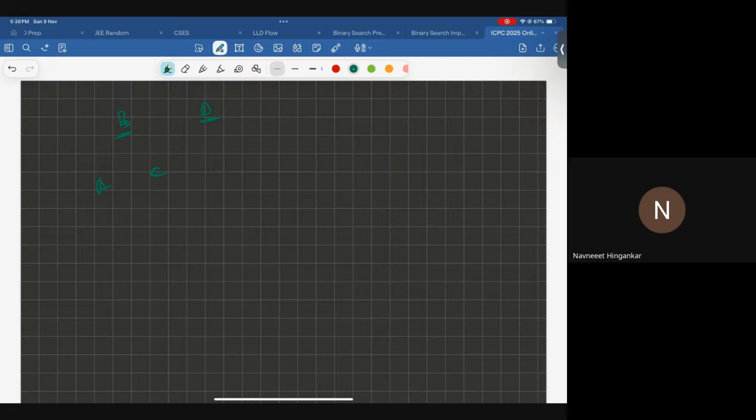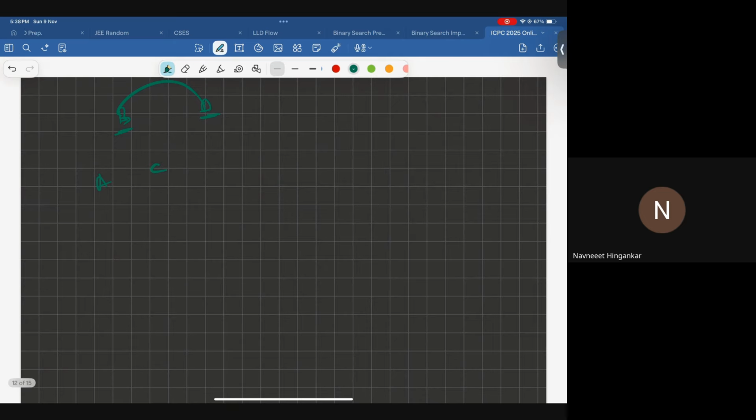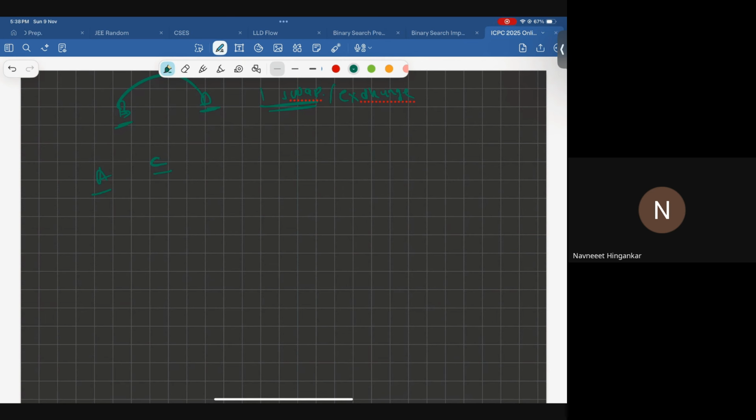The moment I did one exchange between B and D, one number will be pushed to C and one number will be pushed to A. If you want to understand the D code, it is something like that. Everyone with me?